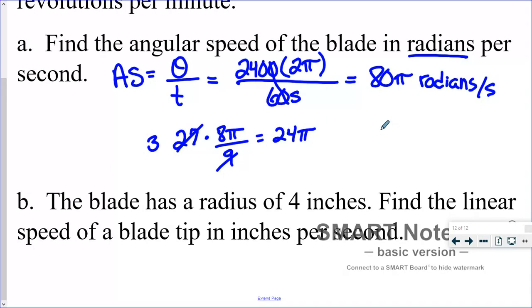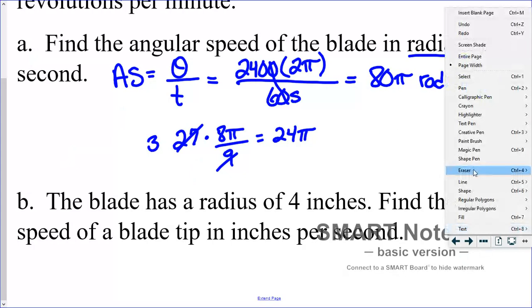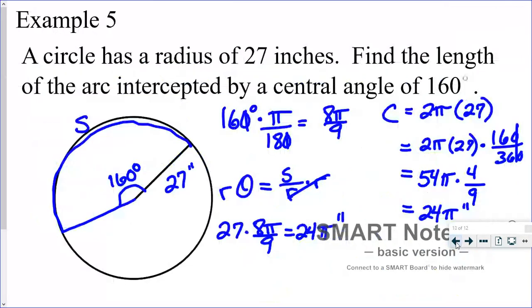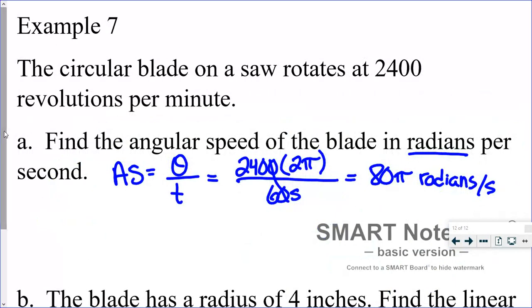So it should just be 24 pi. And that little thing is just inches. I thought you said 245, so that's why. Nope, just 24 pi. Thank you. I got it now.